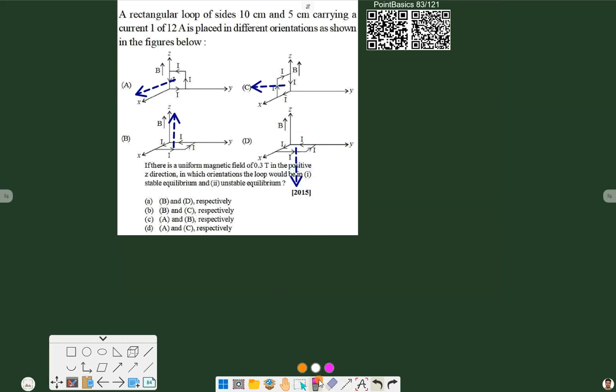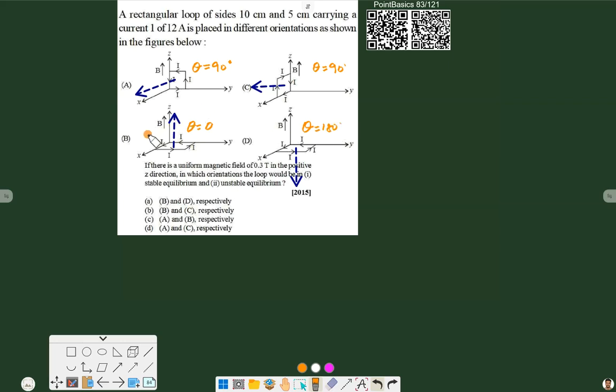So if we write the values of theta, in this case theta is 90 degrees. Here again theta is 90 degrees, and we are taking theta between the magnetic field and the magnetic dipole moment. The magnetic field is in the z direction, the dipole moment here is in x, so the x and z angle is 90. Again here the y and z angle is 90. Here both are in the z direction, so the angle is 0. Here both are opposite, so the angle is 180.